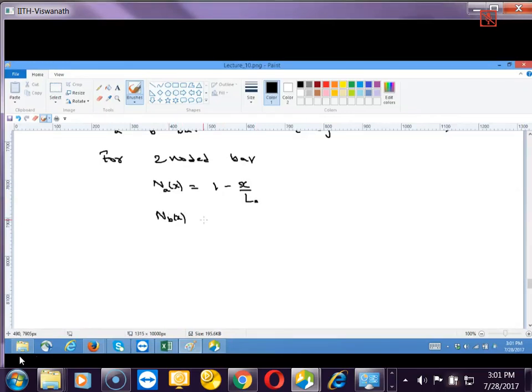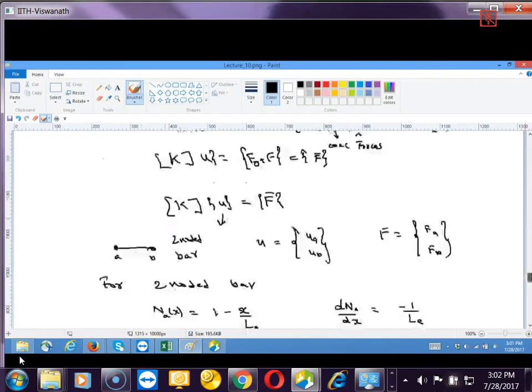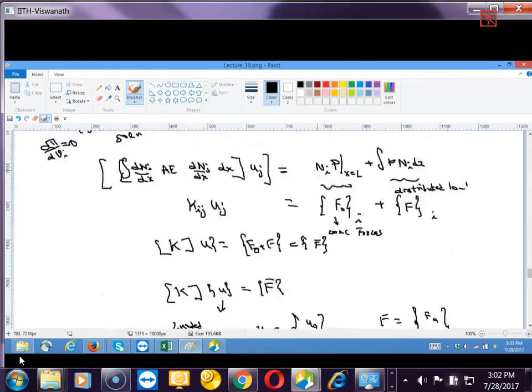So if I take dNA by dx, that is equal to minus 1 by LE. Similarly, if I do dNB by dx, I'll get 1 by LE. Now I'm in a better position. Now I know these values to substitute back in these expressions to get my shape functions.